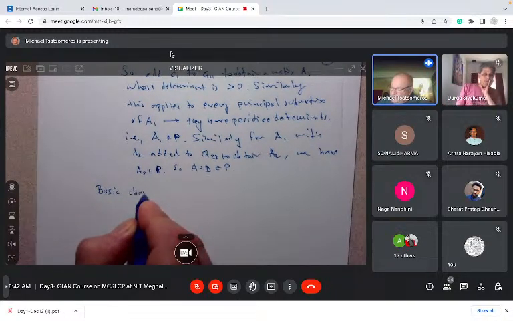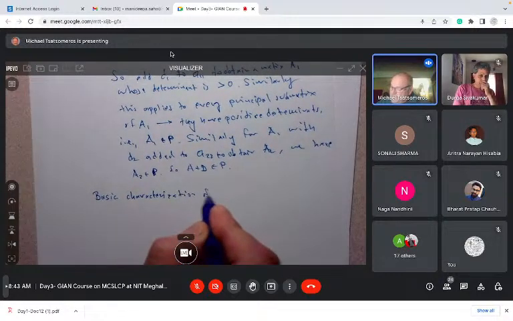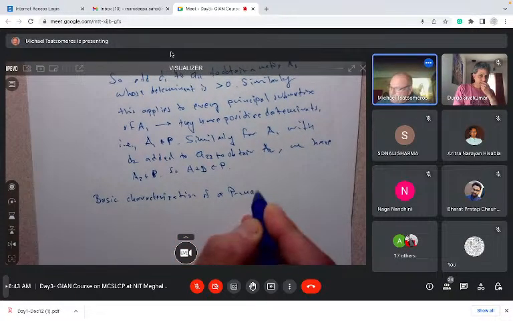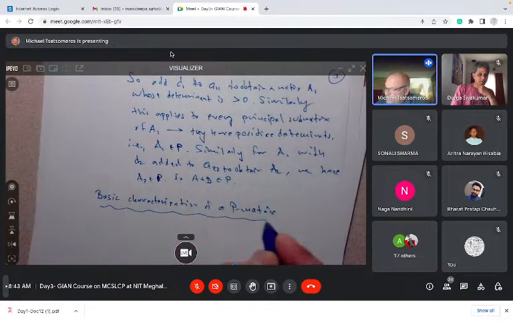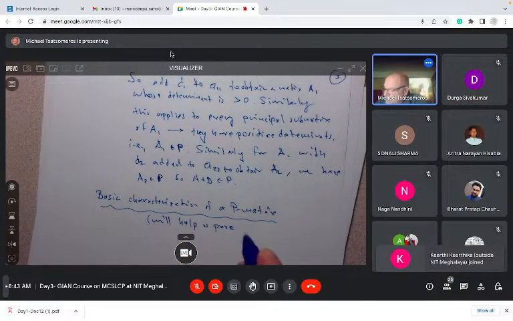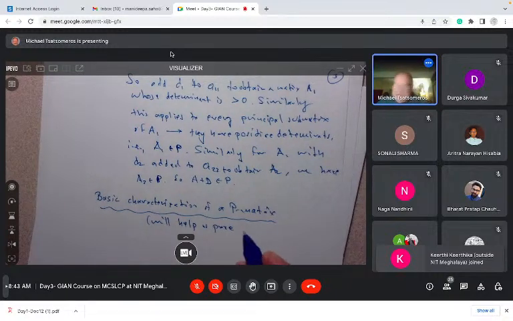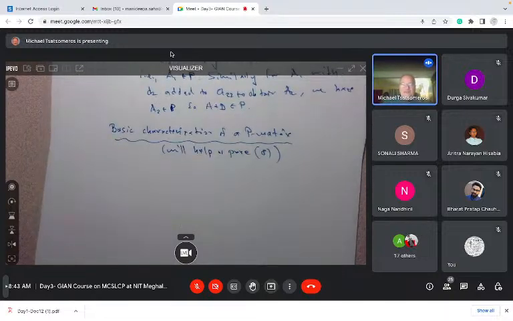a basic characterization of a P matrix. That will help us prove 8: that the PPT of a P matrix is a P matrix.